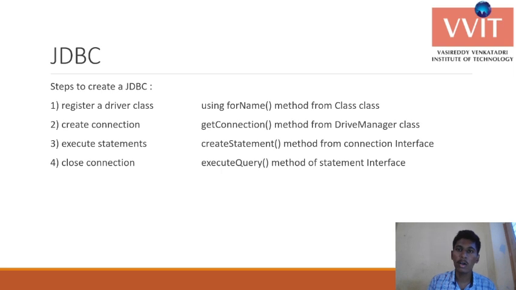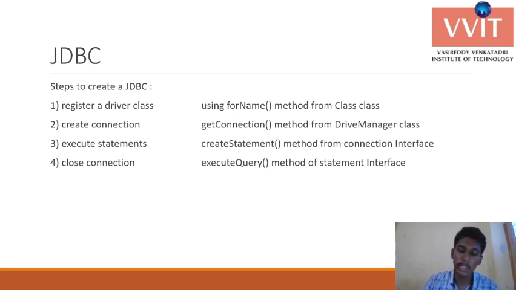Now that we have learned how to connect server and client, let us connect Java to a database. We can connect a Java application to a database easily just by following these steps. First, we need to create a driver class. The driver class provides a method called forName, which is used to connect to the driver.